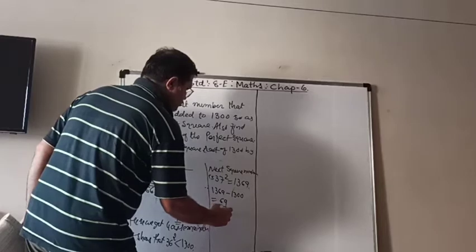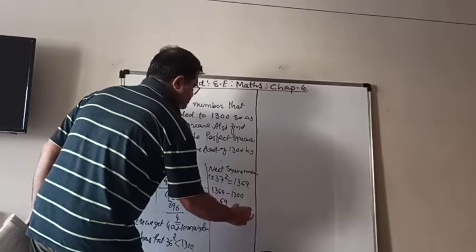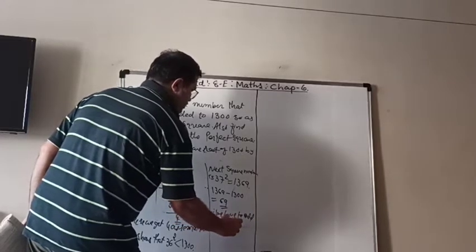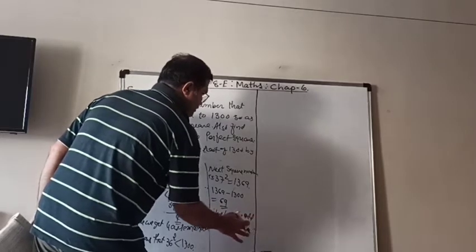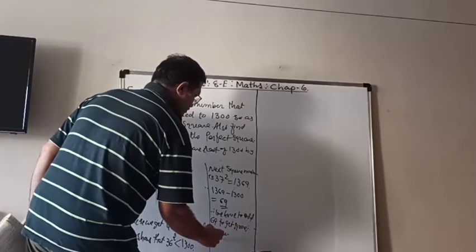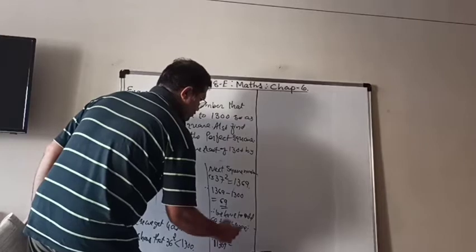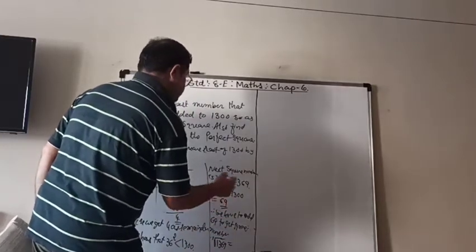Therefore, we have to add 69 to get a square number. And therefore, the square root of 1369 is equal to 37.